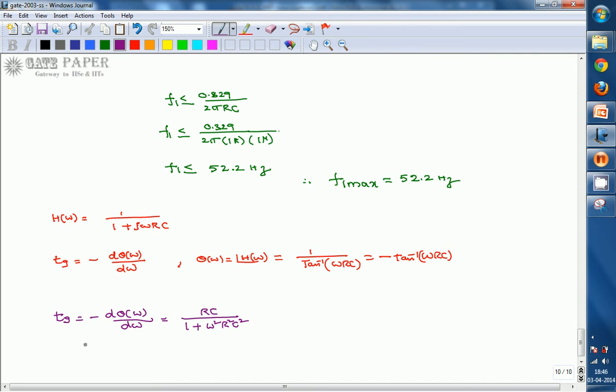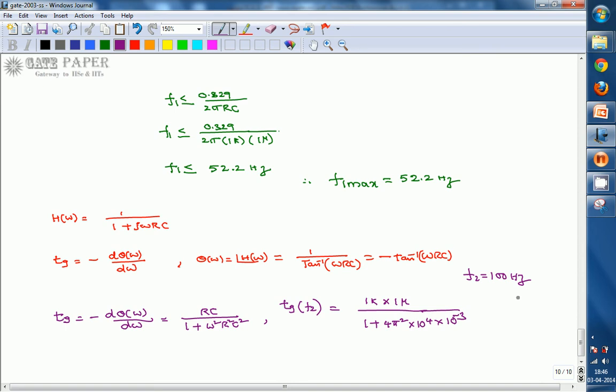Here we need to find the value of Tg at f2, that is Tg of f2, given that f2 equals 100 Hz. Now R equals 1 kilo ohm and C is 1 microfarad, divided by 1 plus, by writing omega equals 2 pi f, this becomes 4 pi square, and f2 square is 10 power 4, that is 100 square, into RC square, where RC is 10 power minus 3.